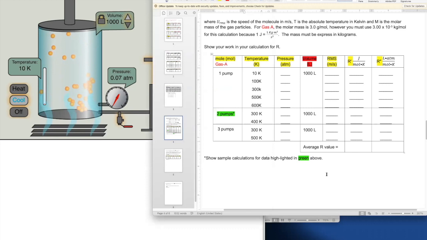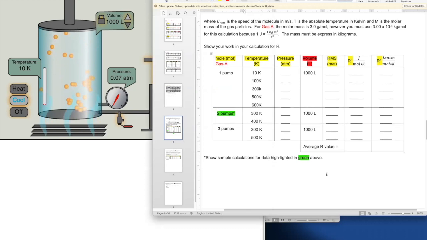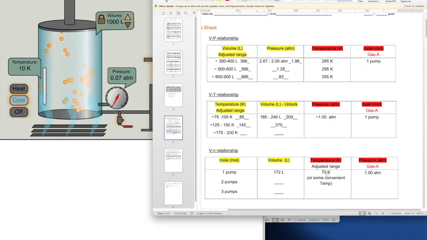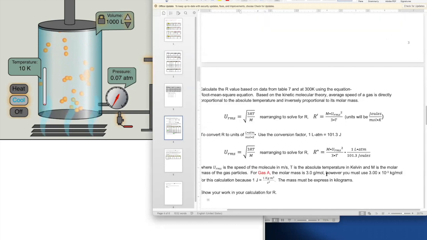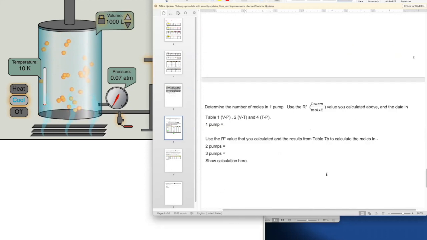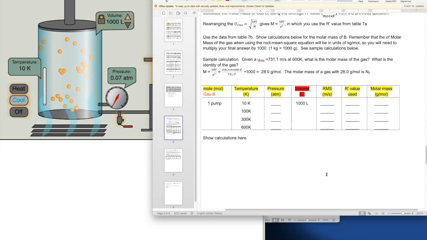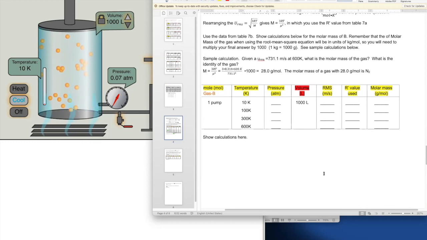And that's basically it. I think it asks you to show sample calculations in each one of these. I don't think there are any pictures that you need, because you are going to need the numbers from the simulator.